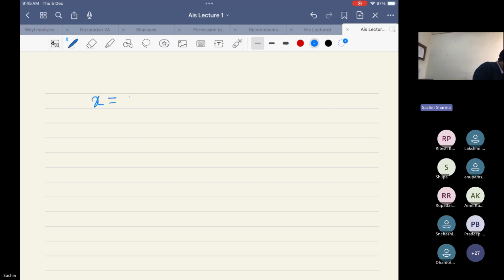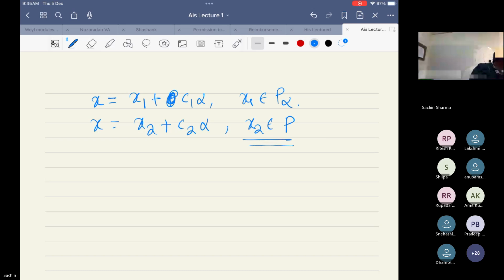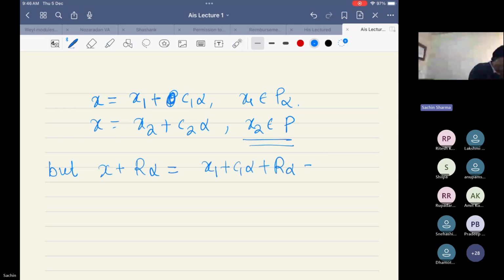So we will have x is equal to x1 plus some c1 alpha, where x1 belongs to P alpha, and x is equal to x2 plus c2 alpha, where x2 belongs to P. But then x plus R alpha is equal to x1 plus c1 alpha plus R alpha, which is equal to x1 plus R alpha.